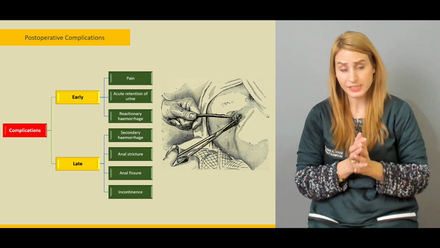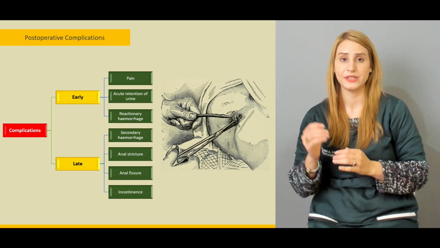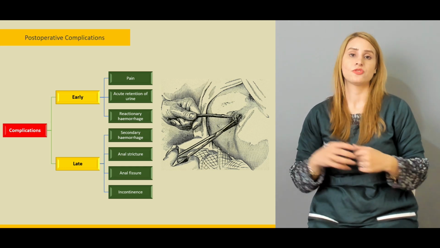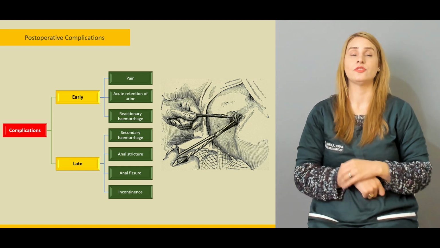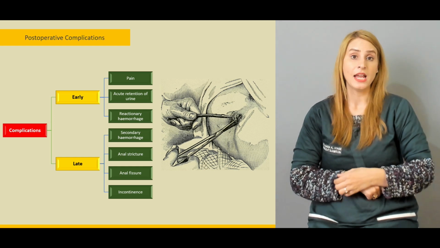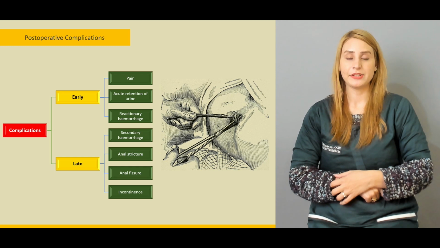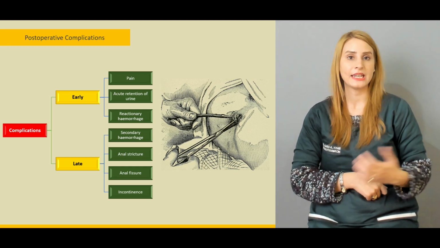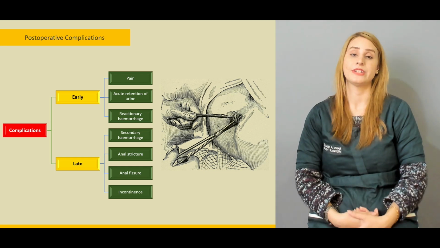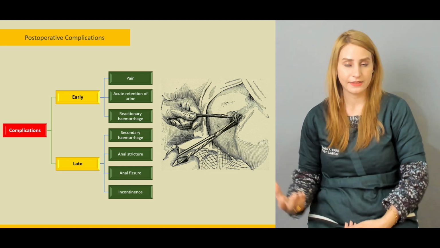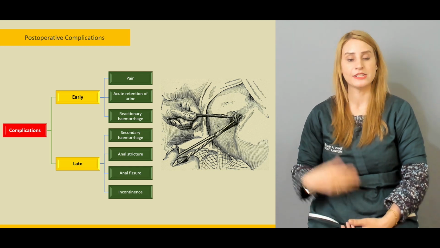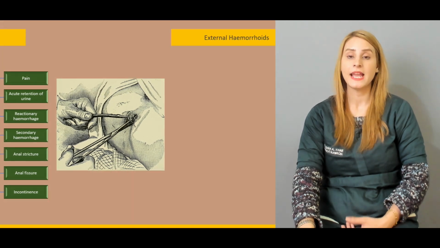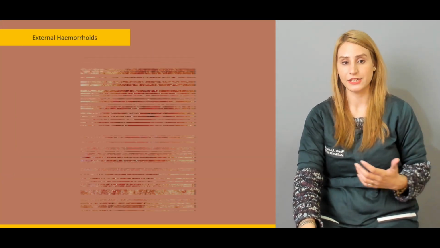This place is very important, because the internal and external anal sphincters lie here, and when you cauterize them or damage them accidentally, the patient can complain of incontinence. So the early complications are pain, acute urinary retention or reactionary hemorrhage, and the late complications would be secondary hemorrhage, anal stricture, anal fissure, or incontinence. And you need to take care of these complications.